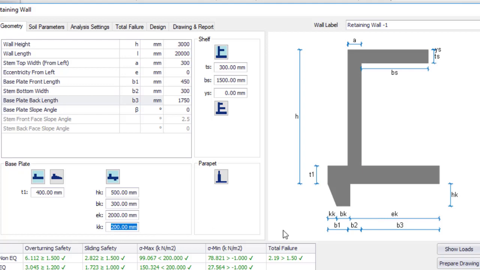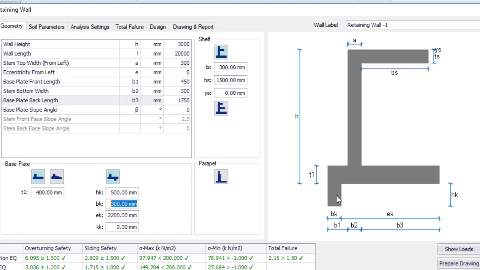Then kk is the distance from here to here, but I don't need this kind of chamfer, so I will put it at 0. This has changed back to 2000, so I'll just put it in 2. And that's it.